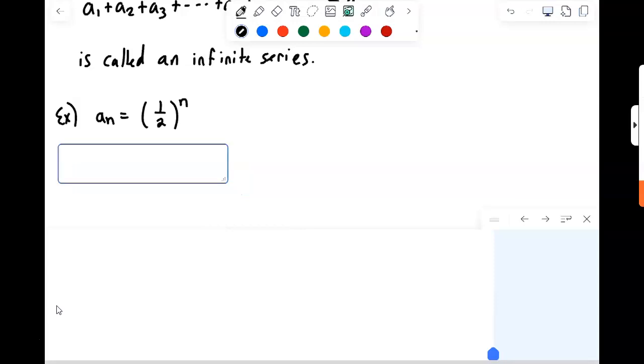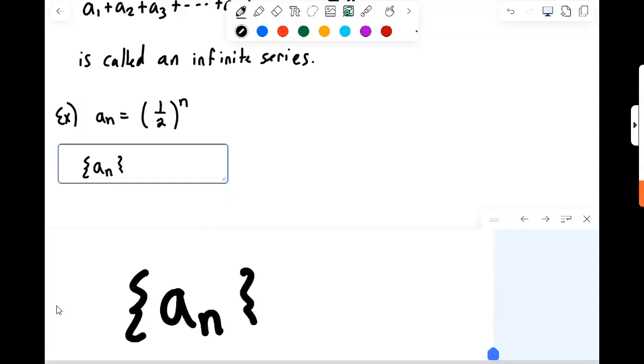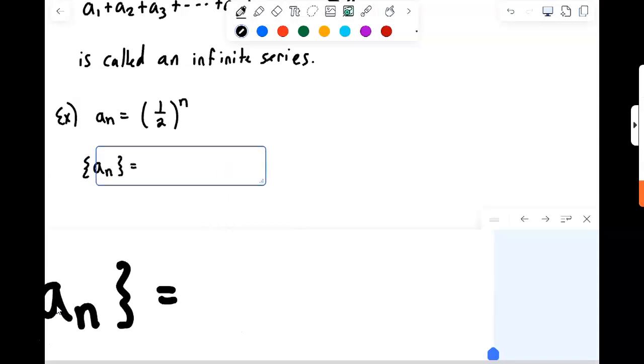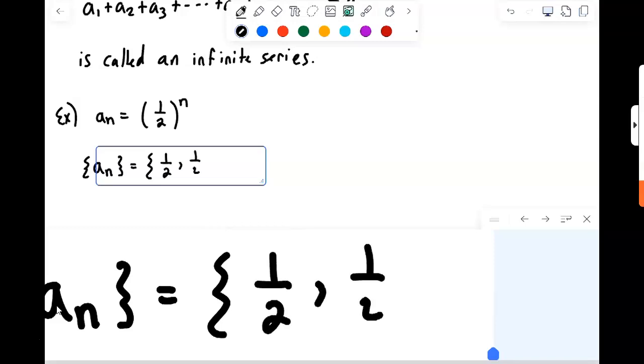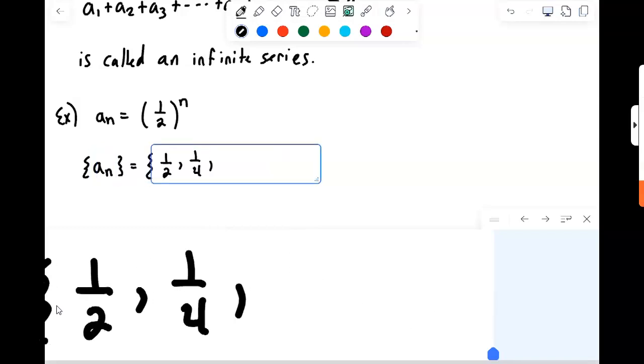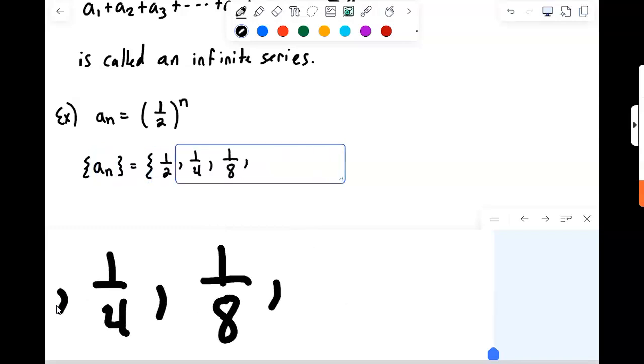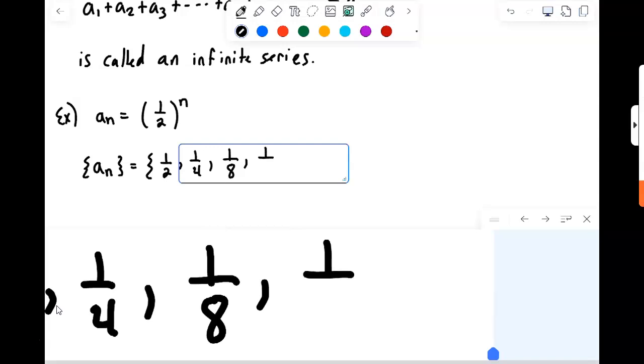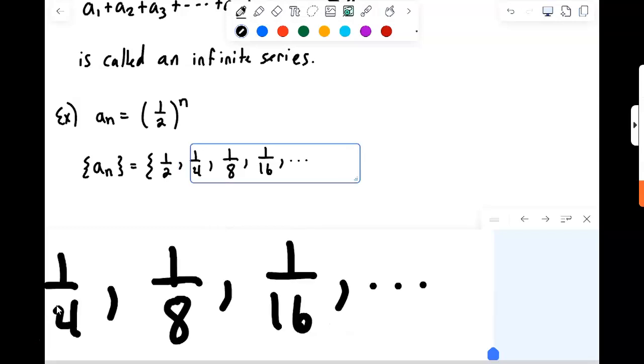Okay, so the sequence a sub n looks like this: 1/2 to the first, 1/2 to the second, 1/2 to the third, 1/2 to the fourth, and so on and so on.